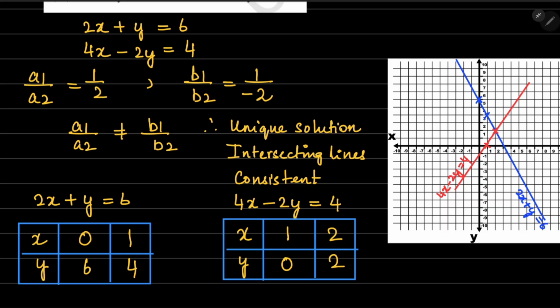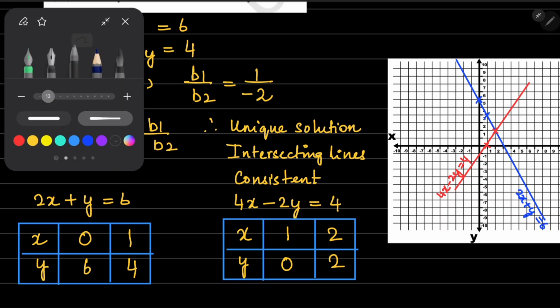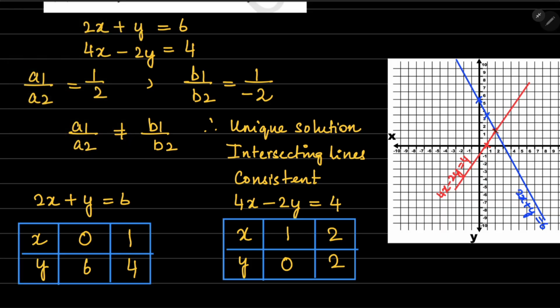And where does it intersect? It intersects at the point, is it 1 comma 2 or 2 comma 2? Yeah, here it's 2 comma 2. This is the point of intersection.